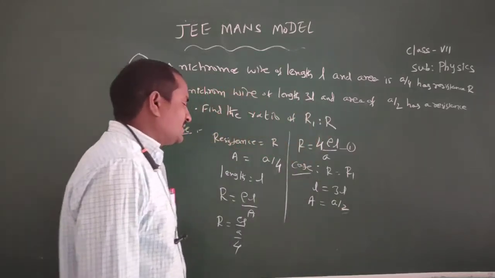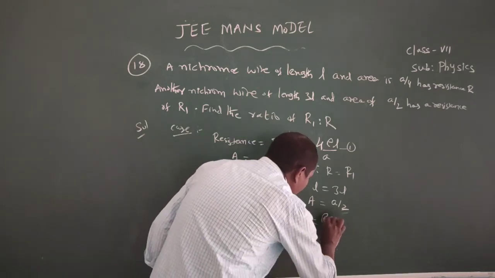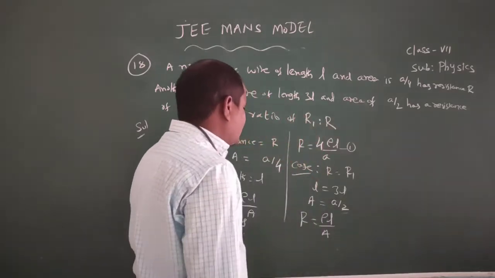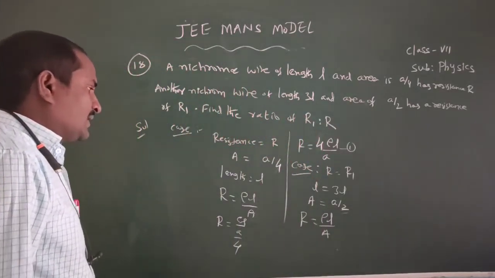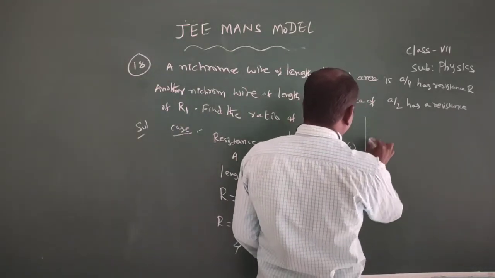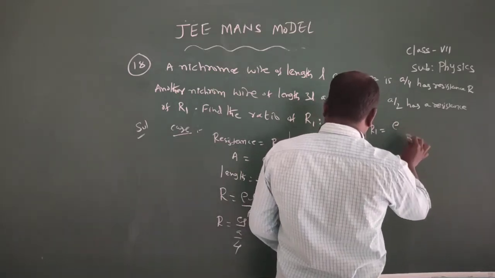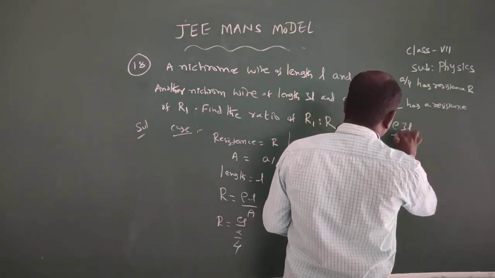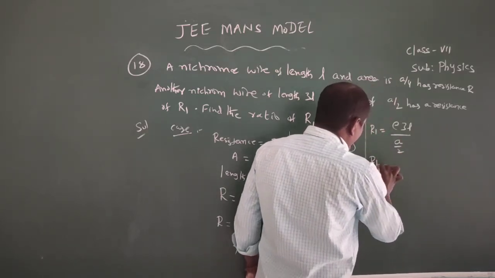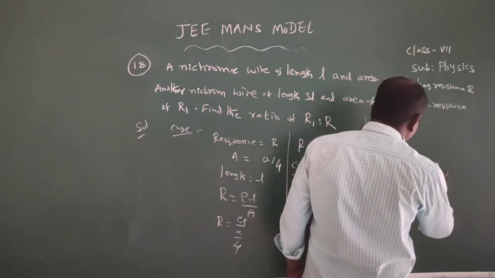From the second law of resistance, R equals specific resistance into length by A. So R1 equals rho into 3L by A by 2. Therefore R1 equals 6 rho into L by A. It is equation number 2.